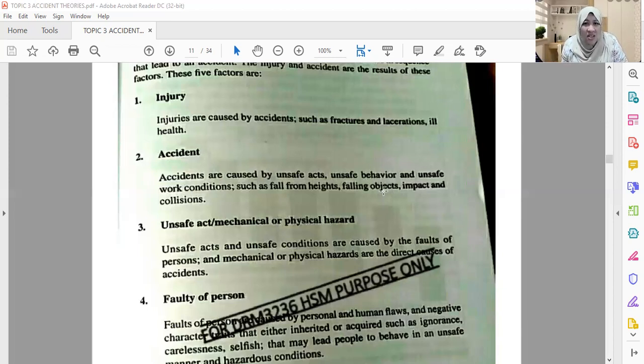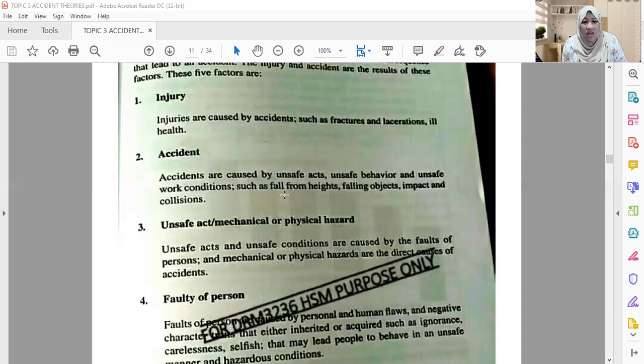So that one is unsafe work conditions. Okay, you know there is a high risk there, and you are not taking it seriously. Okay, the work condition, the place itself, the work environment actually is very risky.